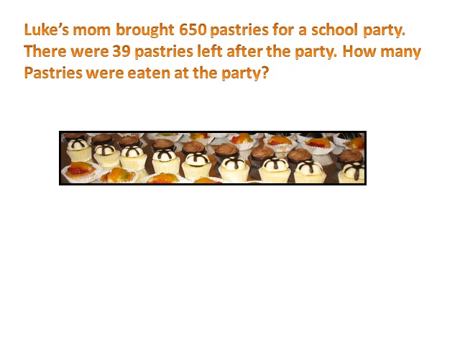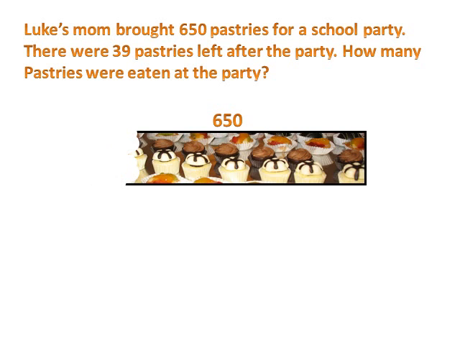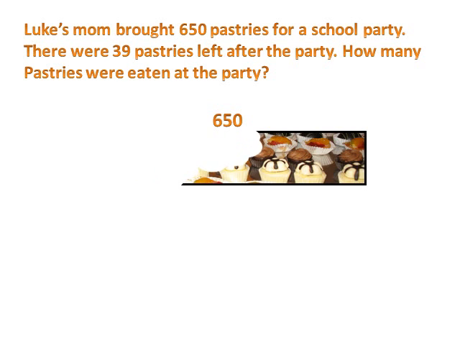And then of course, there were a lot of people at the party. There were kids, there were moms, there were dads, there were other people who ate some of the pastries. So here you see that some of the pastries were eaten, and then some more guests came and ate some more, and some more, until such a time that there were only 39 of the pastries left.